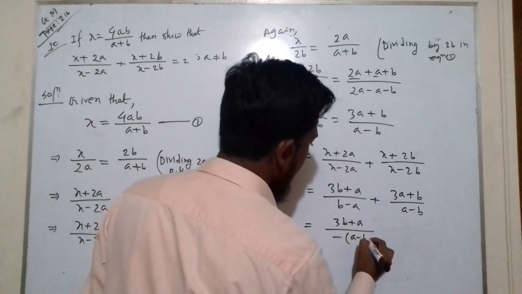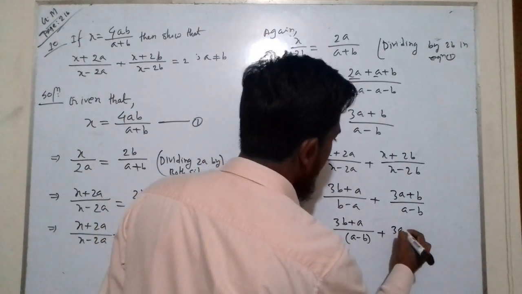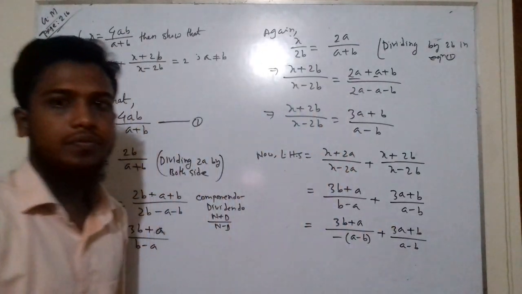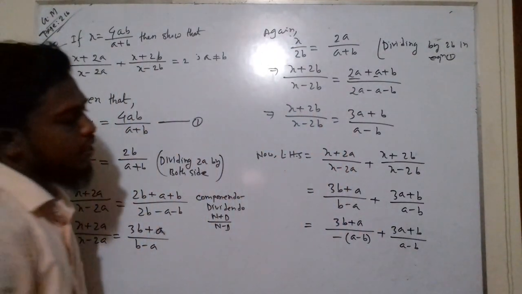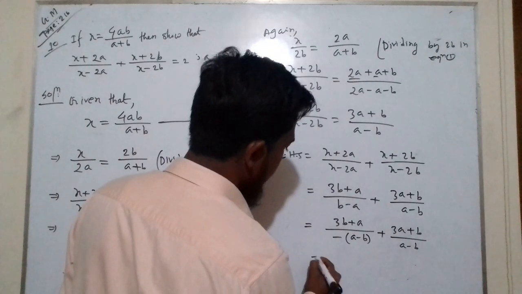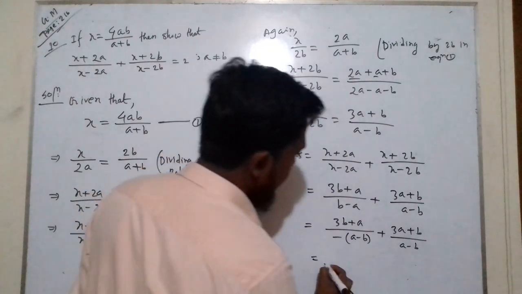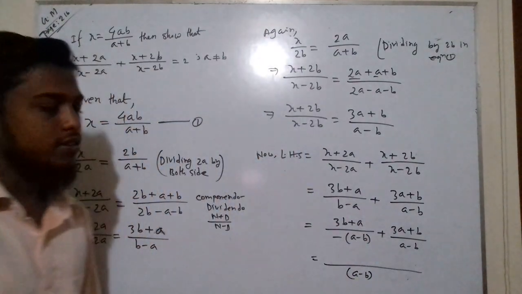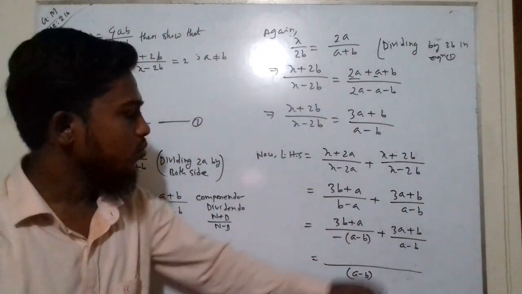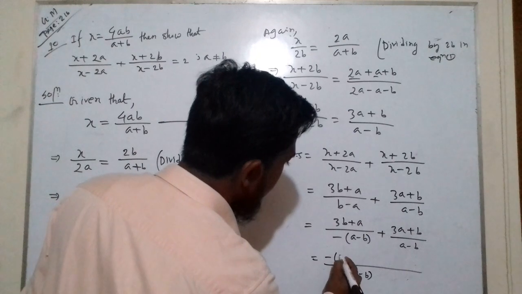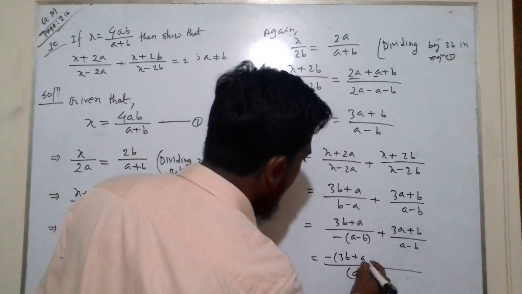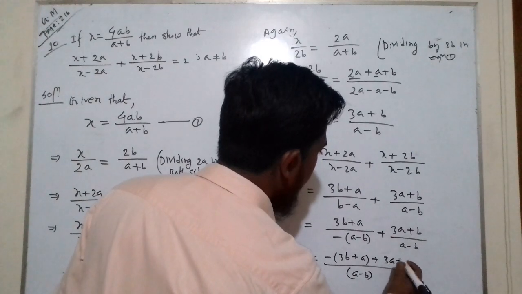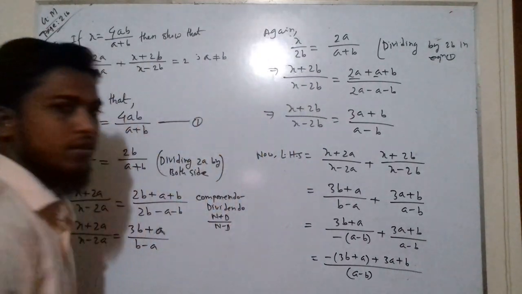So we can write, taking LCM a minus b, minus of 3b plus a plus 3a plus b divided by a minus b.